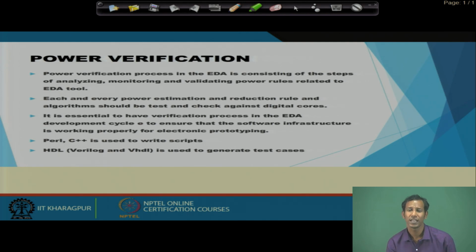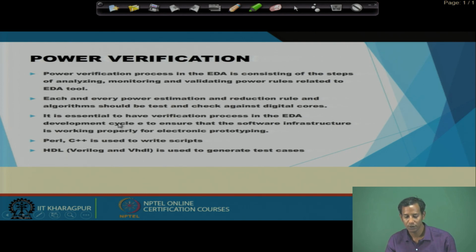So, that is why we need a power verification tool, so that the tool automatically provides the power information to me, and depending on that particular report I can take my decision or take steps against the corresponding report. That is why each and every one of these power estimation and reduction rules and algorithms should be tested and checked against the digital cores.